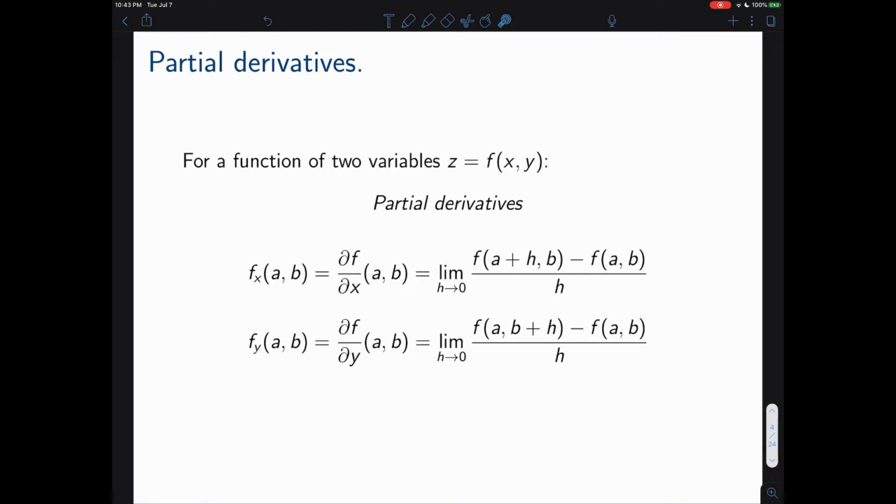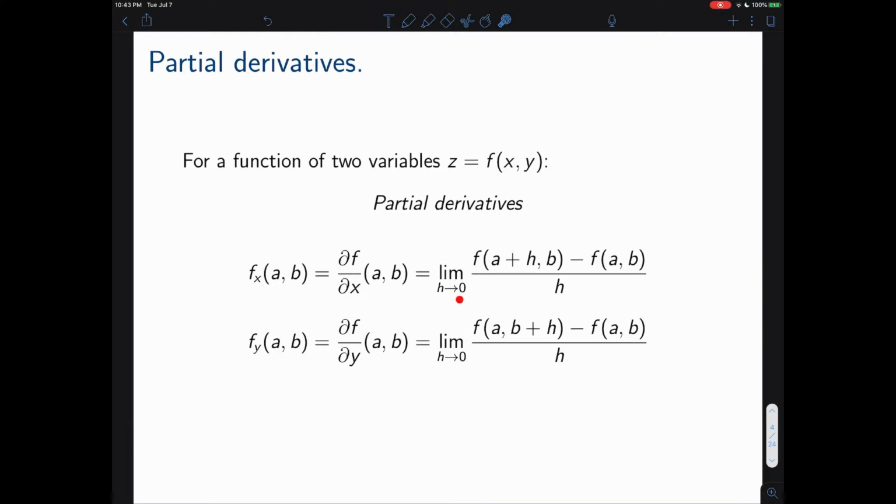So we're still taking 2 points on the graph of f and finding the slope of a line that connects them. But now these two lines are going in different directions, as we'll see on an upcoming slide.